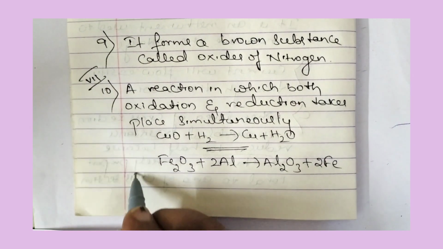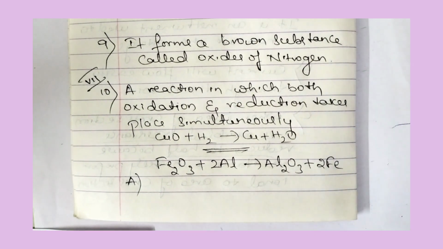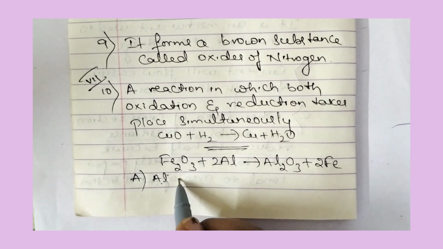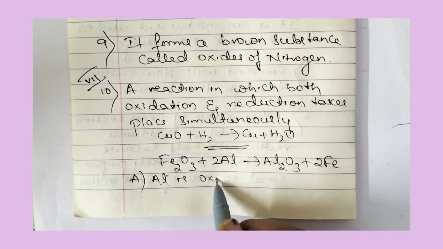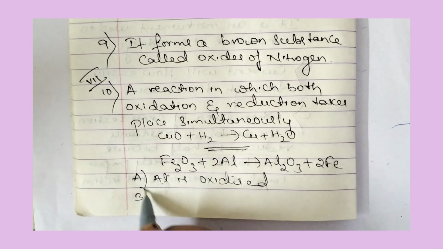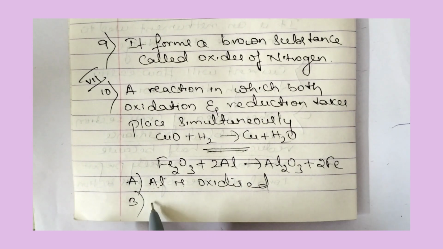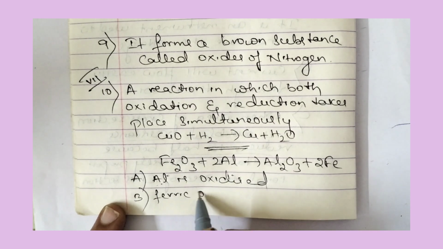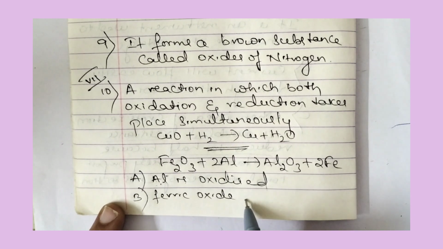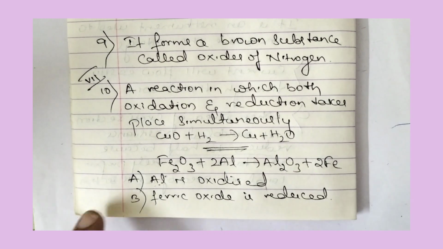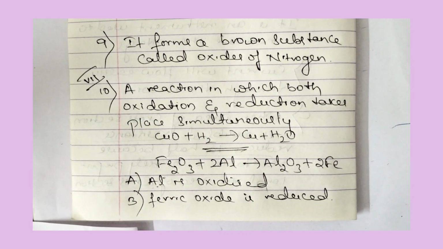In the A question, name the reactant that is oxidized. So aluminium is oxidized. Then name the reactant that is reduced. So ferric oxide is reduced. So this is for the 10th question.